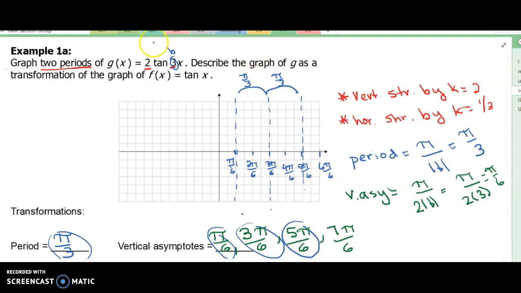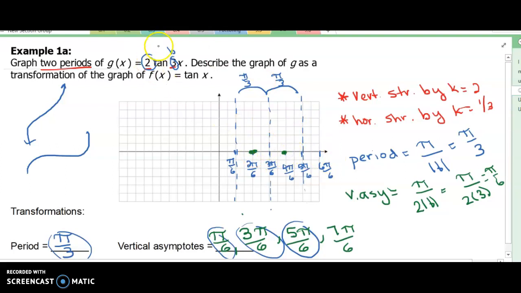Okay, now this 2 here tells me how steep it is. If it's small, it's going to look like this, like if it's 1/2 or 1/4 or 1/8 or whatever. And if this number gets bigger, we're more like this. So we're going to cross right between my 2 asymptotes. So I'm going to cross my x-axis here and here.